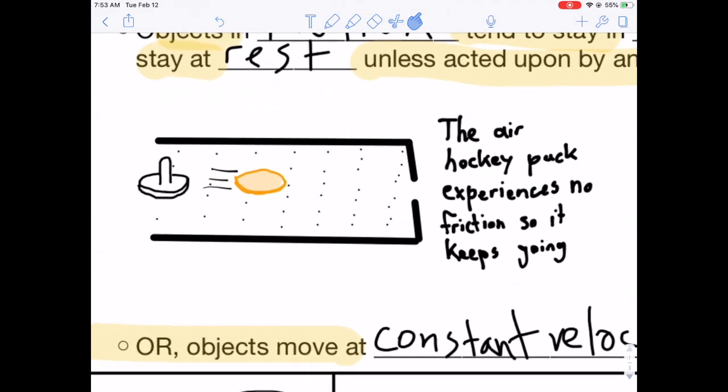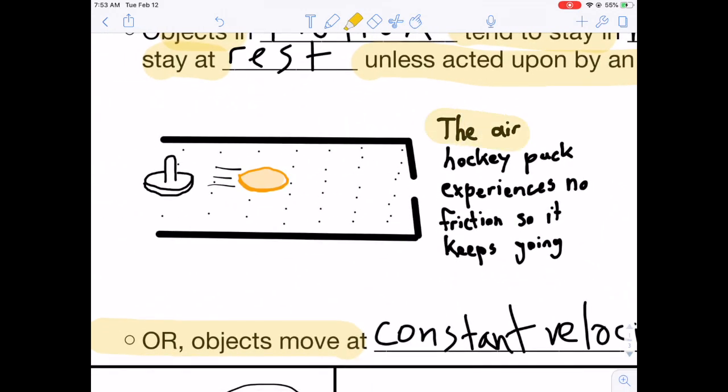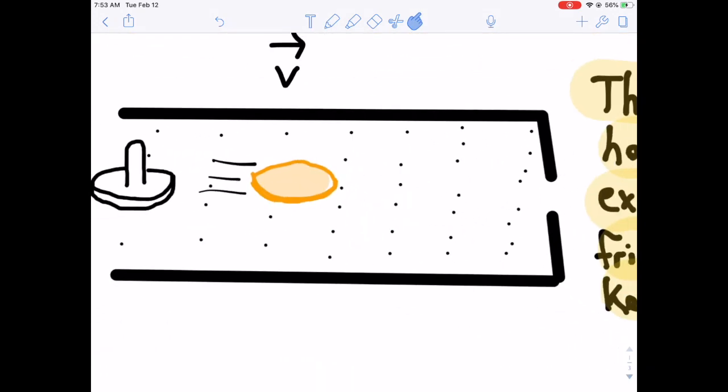So let's look at this example. The hockey puck experiences no friction, so it keeps going. After this hockey puck gets hit and it has a velocity moving to the right, it is now just going to be at a constant velocity. It'll feel a normal force in the upward direction and a force due to gravity in the downward direction.